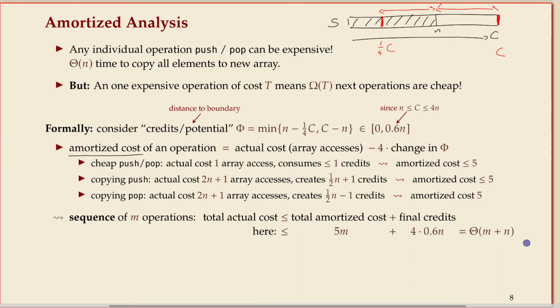And we'll see that this works out to theta of m plus n, which means it's linear in the number of operations and the size of the final array. And okay, yeah, you need both. The array could be very small at the end, or it could be roughly a size m.